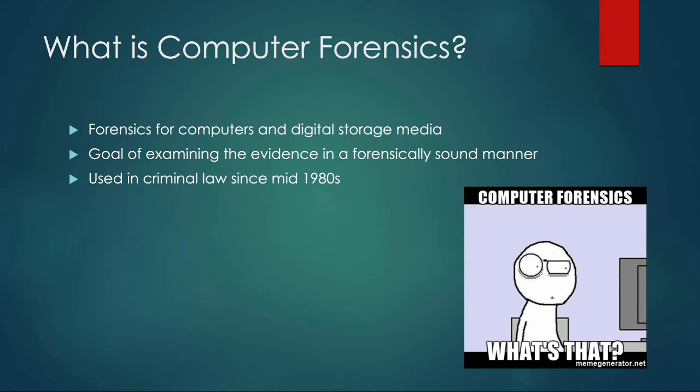Now, this is something that is actually frequently changing, and as of summer of 2020, there have been several cases where they have gotten evidence using things like Alexa, Google Home, and some of the IoT devices that a lot of people have in their homes.